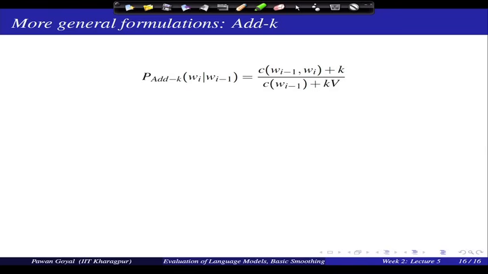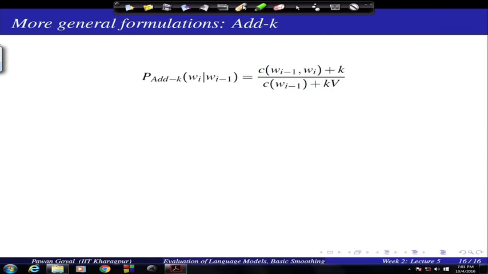Now I can also make a variant here. Suppose I say kV is equal to m. Now I can write it as this plus m and this plus m by V. This is effectively the same. Now m is k times V. So this is another variant, and it also gives me an idea of how I can improve this basic smoothing method.